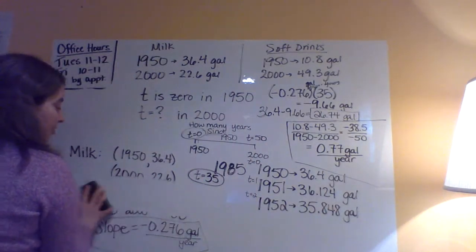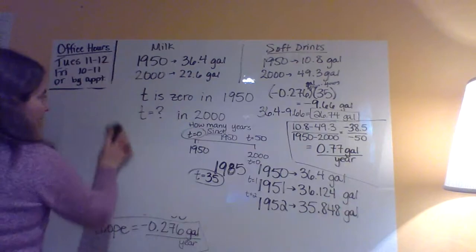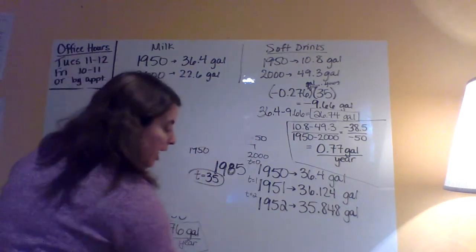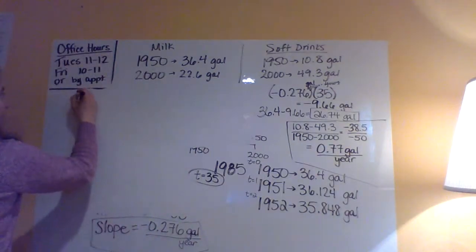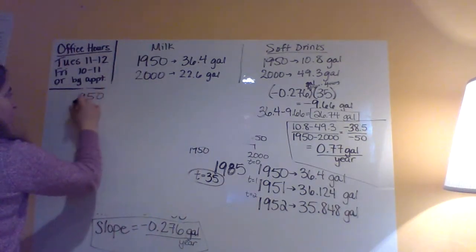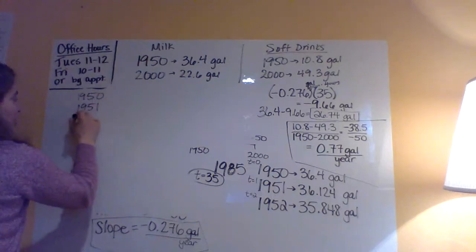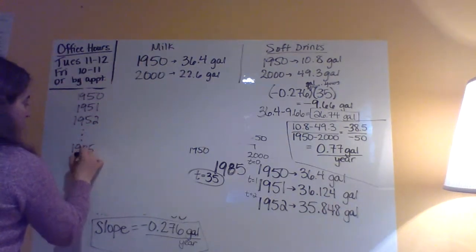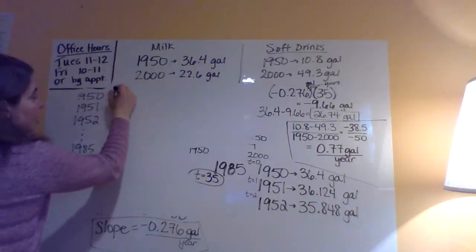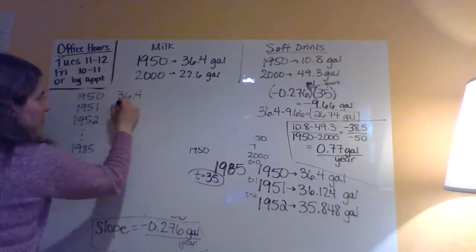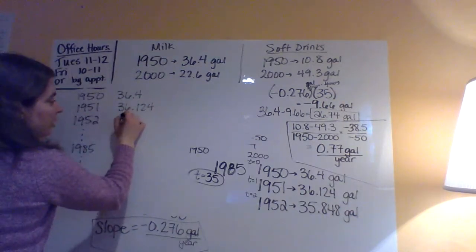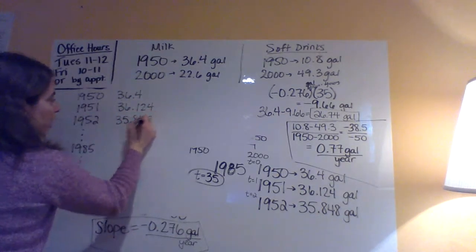So you can kind of imagine now that if I had a big chart and I did have all of these, right? I'd have 1950, 1951, 1952, going on, 1985, right? Kept going. And I did fill these all out. You can see that every year there are fewer gallons consumed.